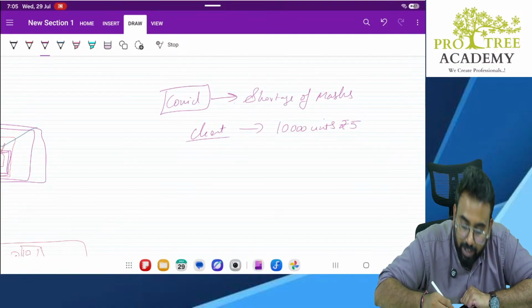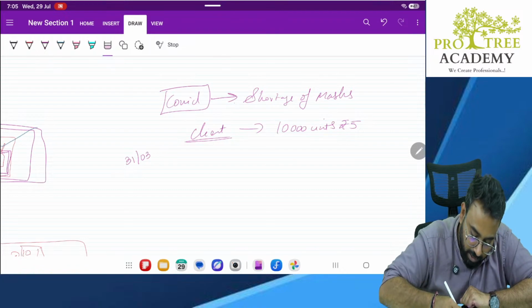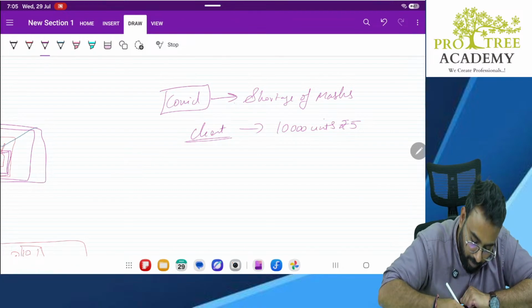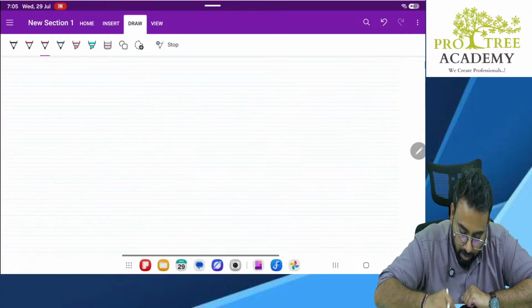Done. What happened? He bought this mask on 31st March. No, let's not take March. 30th June 2022.